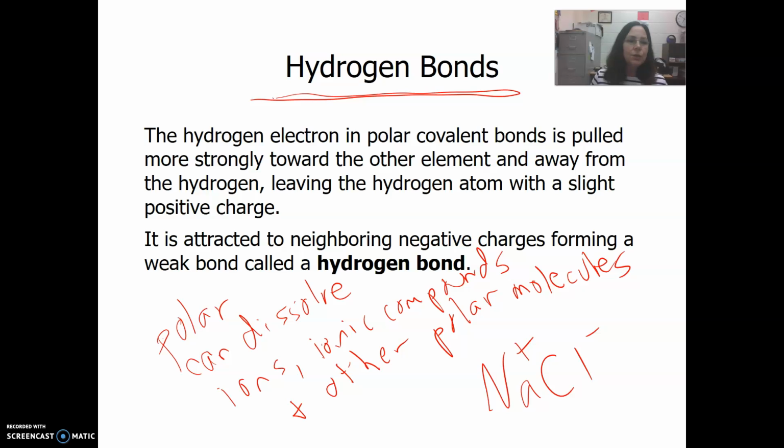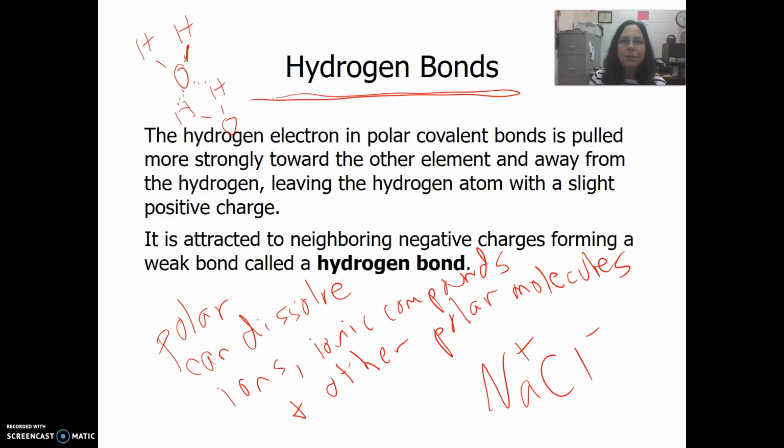So if you've got 2 water molecules, here's one. Another water molecule is going to line up with this one with the hydrogen facing its oxygen end. And those dots represent the hydrogen bond. So what that's saying is that water molecules are attracted to each other.